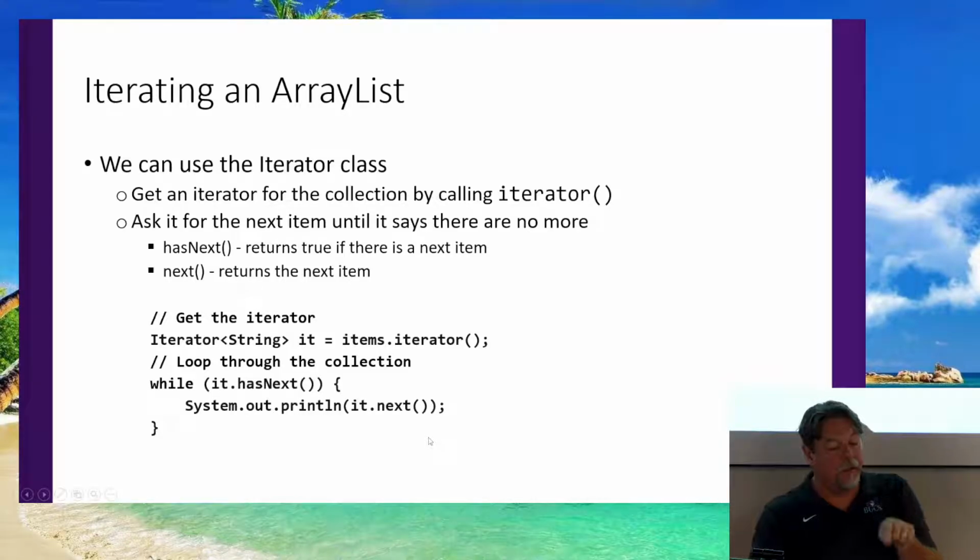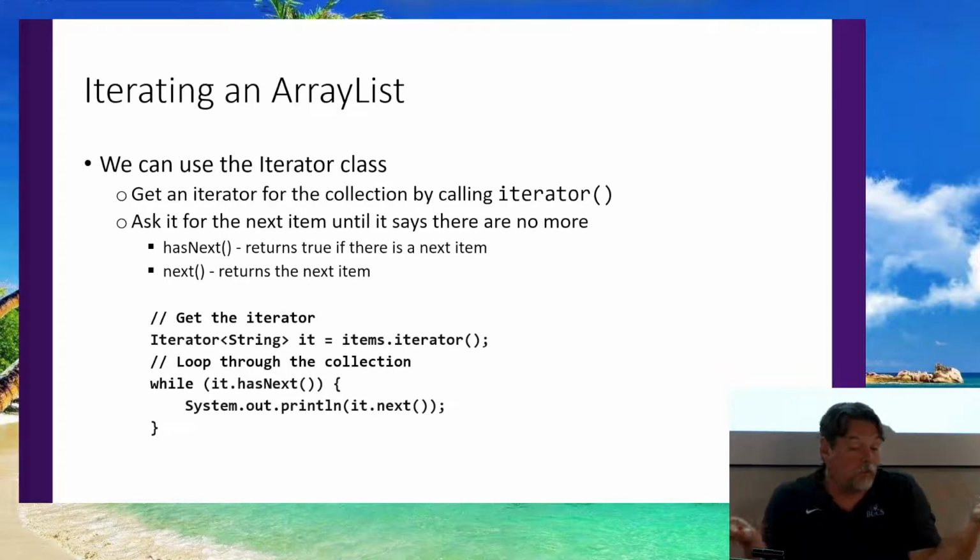Well, this iterator is an object that remembers. It's like you created an index finger and you stuck it on a place in the collection. And so when you say next, it says, okay, well, this is where my finger is. So move the finger to the next one in the list and return that one. So that's what the iterator does basically.